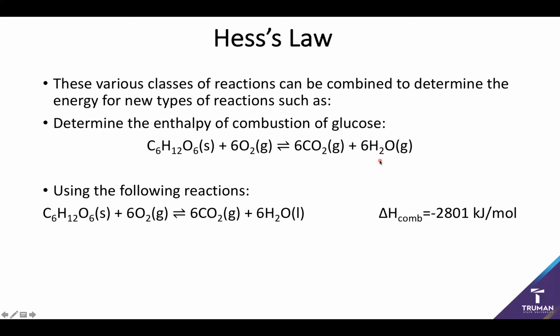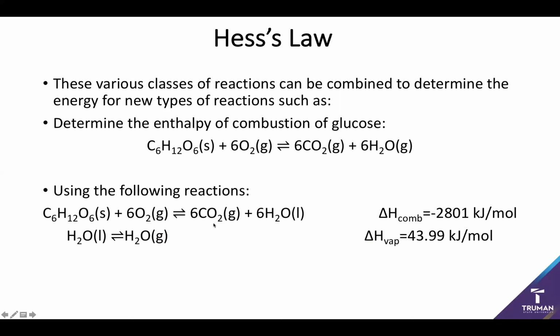So I'm going to need a subset of reactions to make use of. For example, I'm going to need the combustion of glucose, and then I need an additional reaction where I turn water into steam. For that, I can make use of my enthalpy of vaporization, which is again just another reaction enthalpy. And then I can combine these two together.